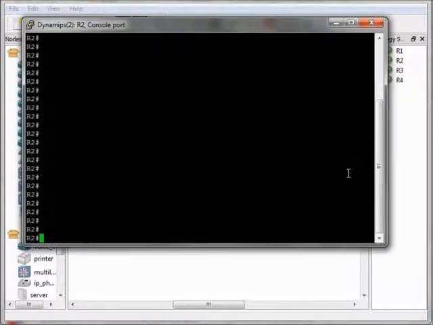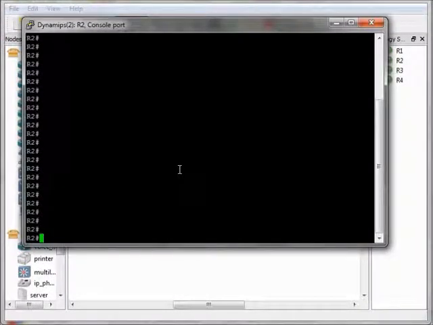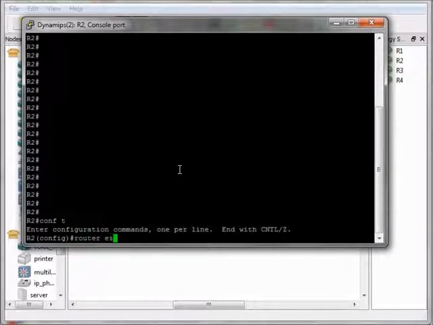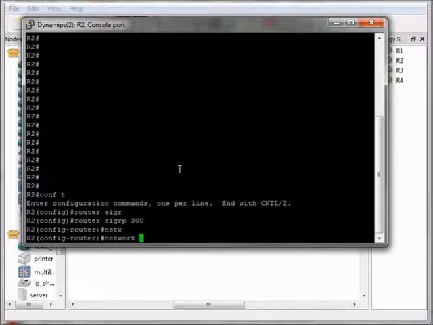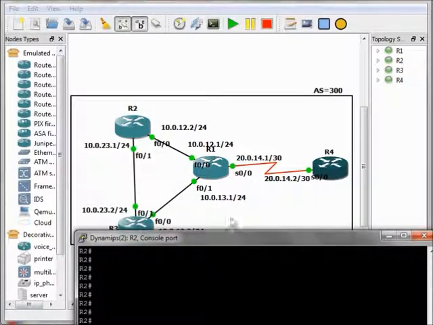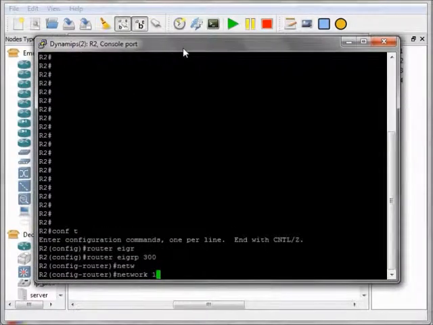Now we enter to router 2. As you can see, router 2 is connected to 2 networks. So on router 2, conf t, configure terminal, router EIGRP 300. Then network, first network is 10.0.12.0, 0.0.0.255.